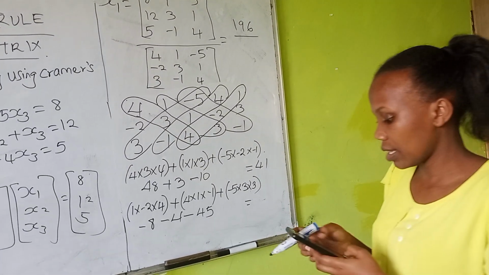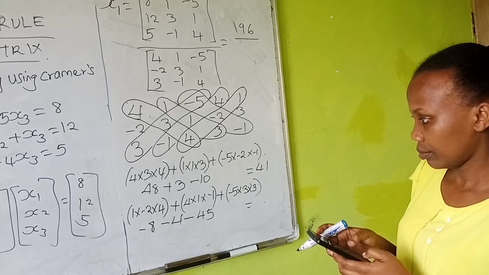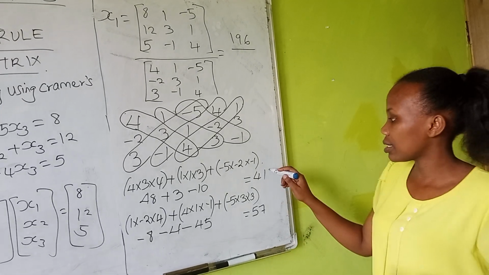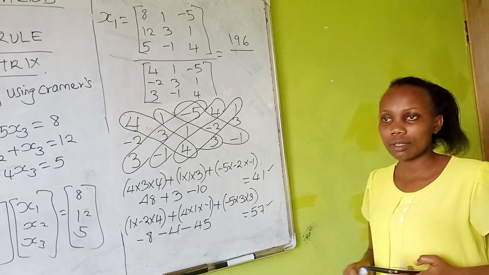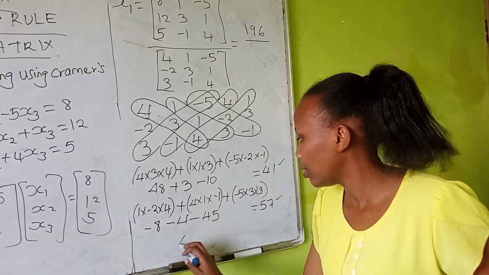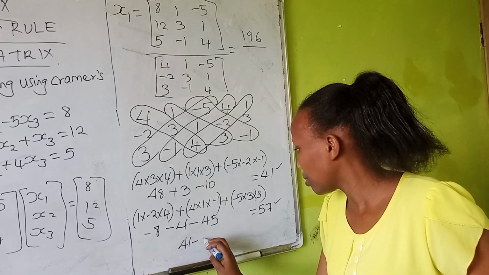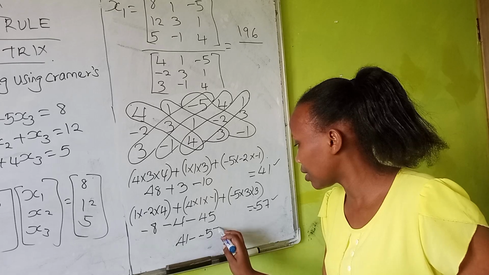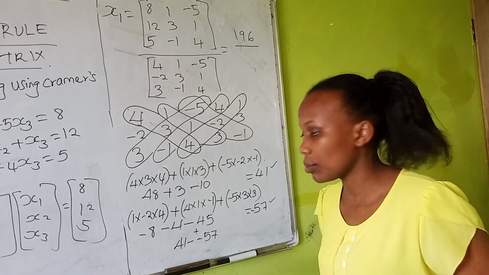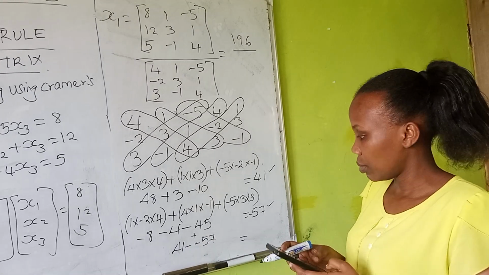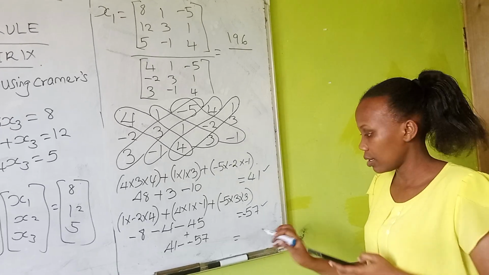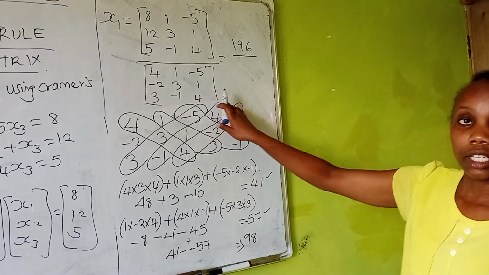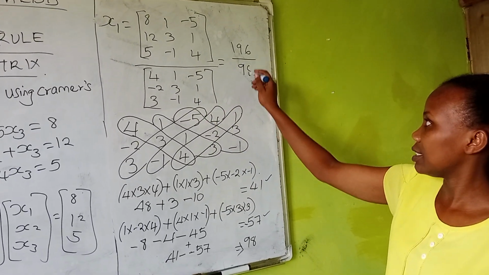So when you add them together, that is negative 57. Then you subtract the second diagonal from the first diagonal. 41 minus negative 57. Minus minus, that is a positive. So it's going to be 57 plus 41, which is 98. So the determinant of the denominator is 98.